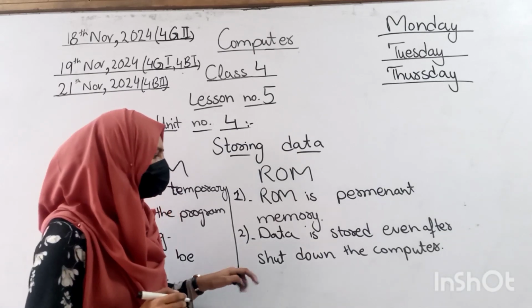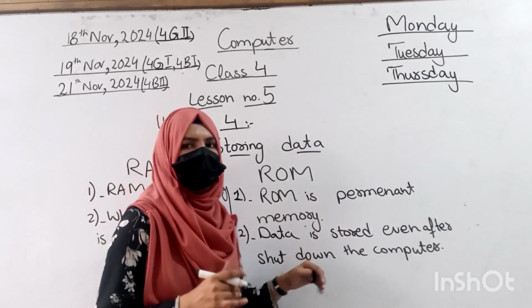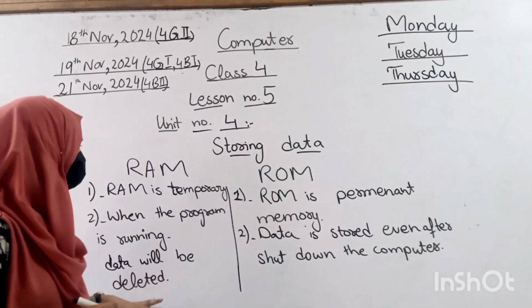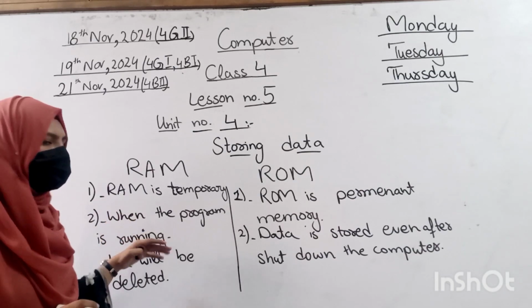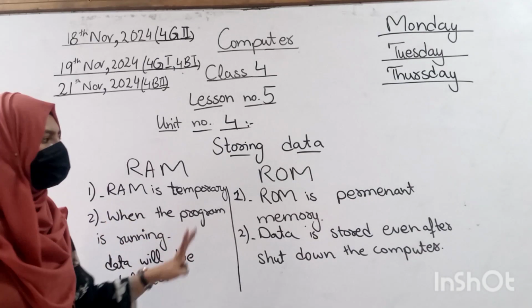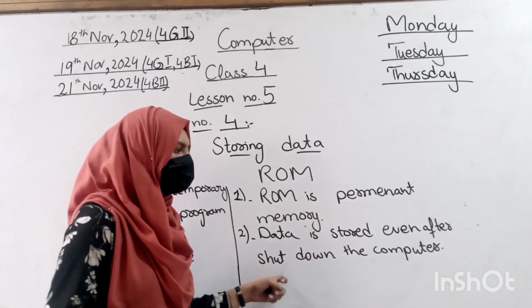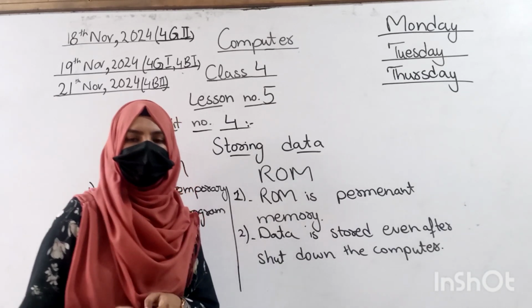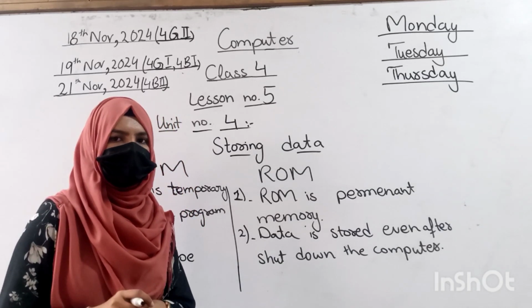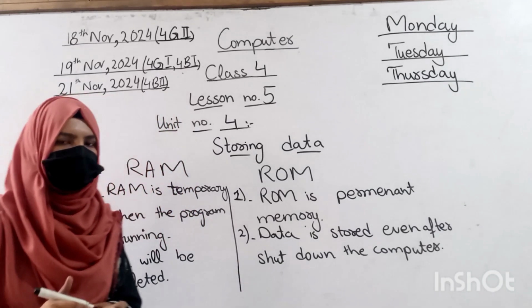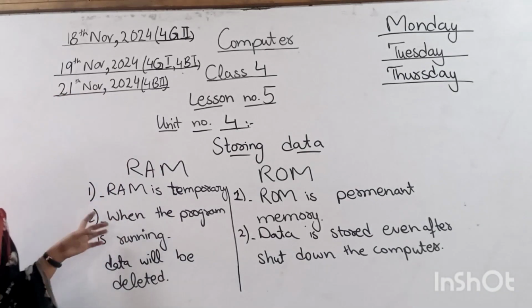So the data will be stored even after shut down of the computer. In RAM, the data will be lost after shut down, and in ROM, the data will remain safe, will remain stored in the memory even after shut down. So these are the two types of memory.